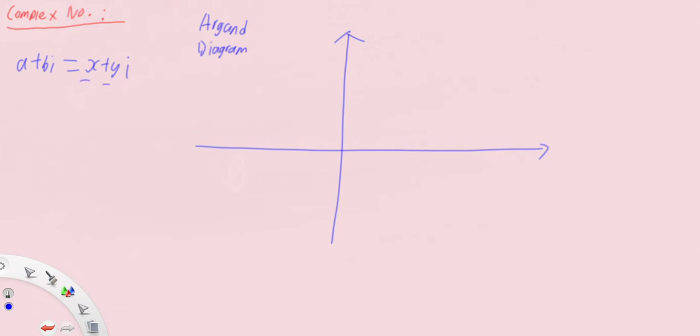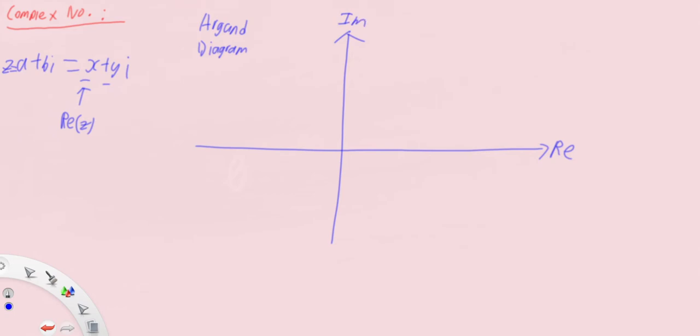Now, x and y, very familiar variables, found in your Cartesian plane. x is the horizontal axis, and this is the real part. So as you can tell, since x is the real part, our axis is labeled as Re.